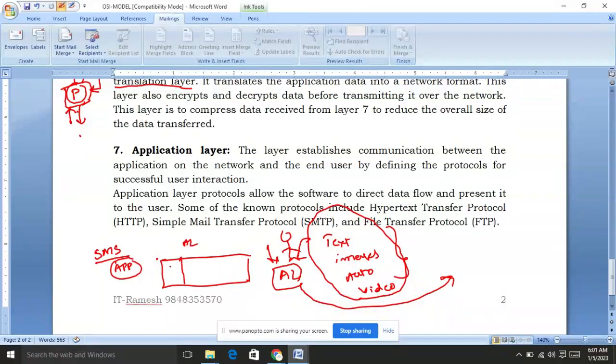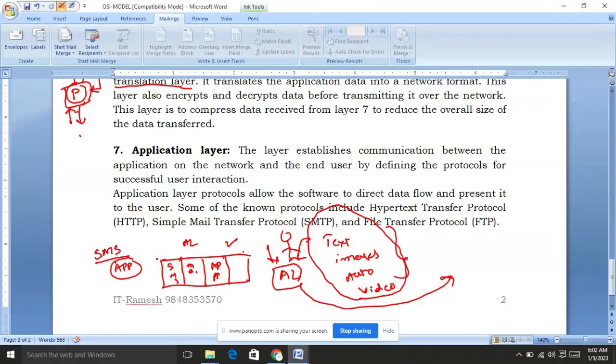So we send the SMS, this is one kind of program, and the mails, this is another kind of program. And we are accessing some websites. The websites carry data in HTTP hypertext formats. So to access the website we use some browsers, that means Google Chrome, Firefox, like that. Those software are also in the application layer.